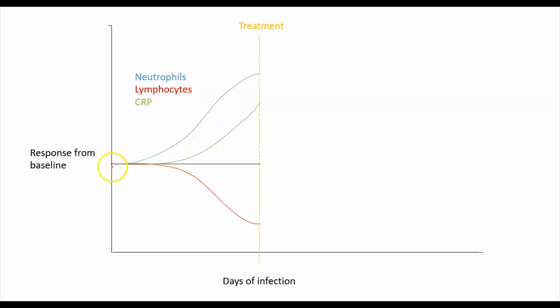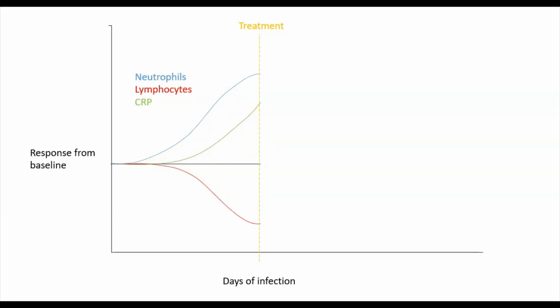And so, assuming all of these levels are at baseline, which is considered normal, after an infection, you can see the first thing to rise is usually the neutrophil count, along with a decrease in the lymphocyte count. The CRP will also start to rise, but this is often a little bit later.